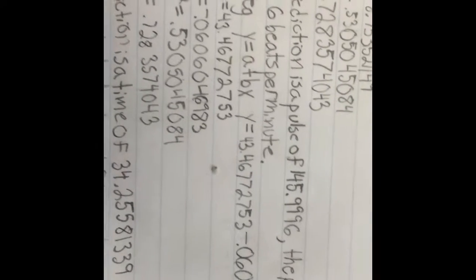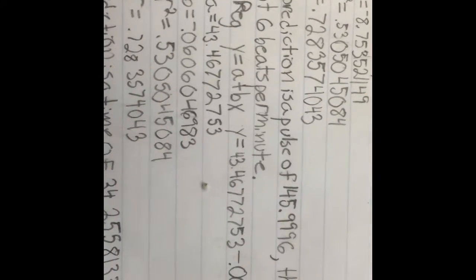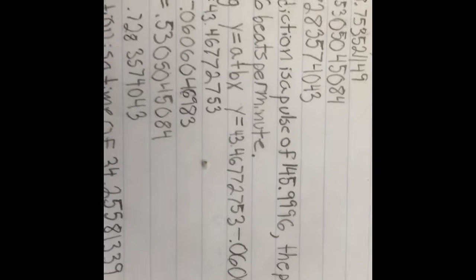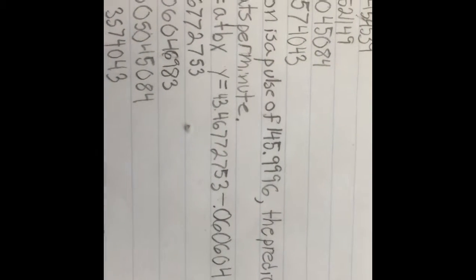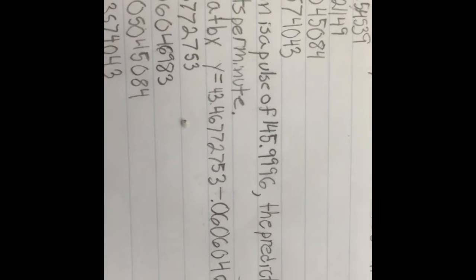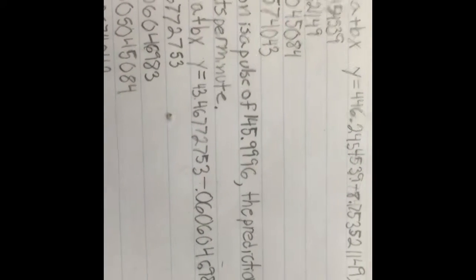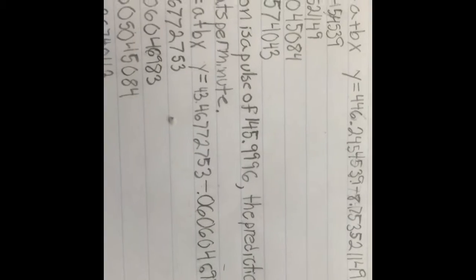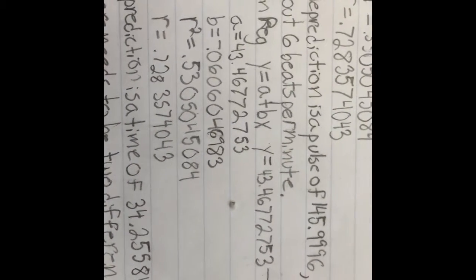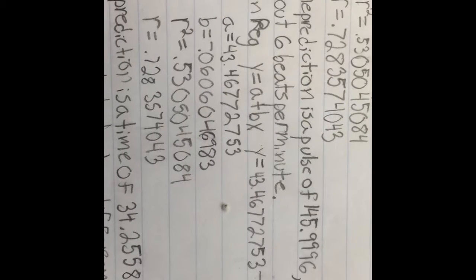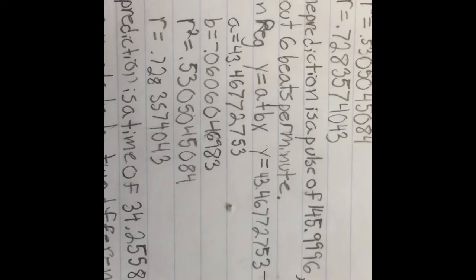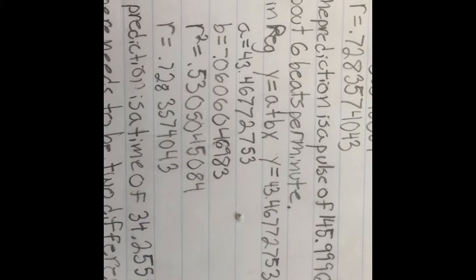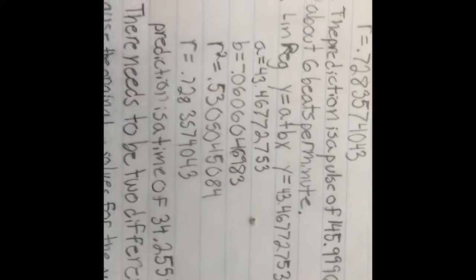So, our model equation is y equals a plus bx, and we got y equals 43.46772 minus 0.06046983x. So, A equals 43.46, B equals negative 0.060, R squared is 0.530, and R is 0.728.